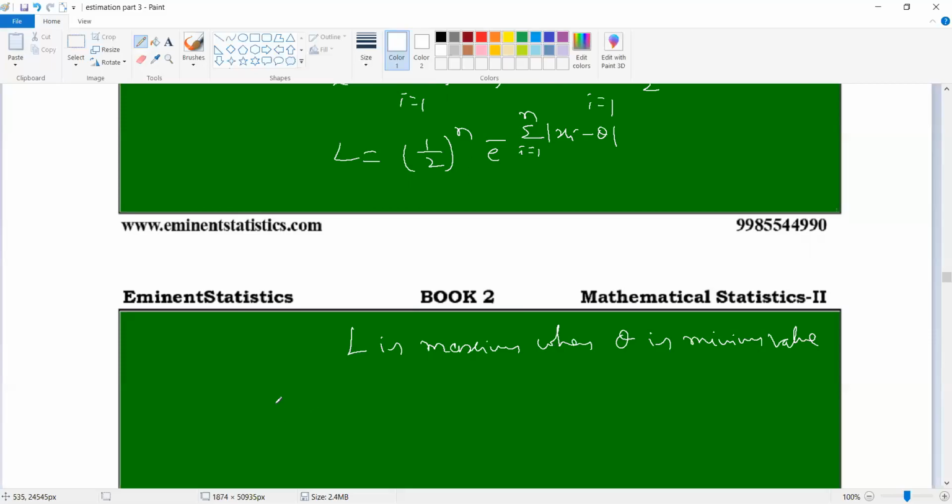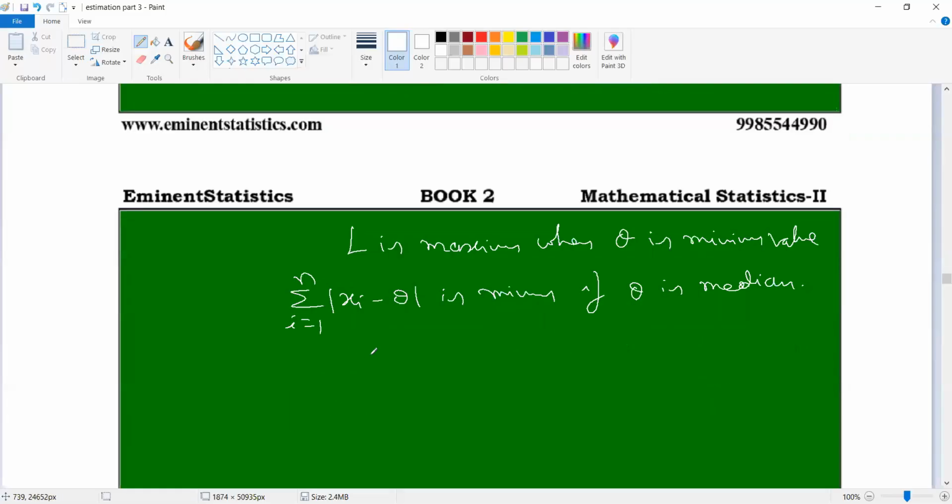We have a concept in descriptive statistics: summation i is equal to 1 to n of modulus xi minus theta is minimum if theta is median.